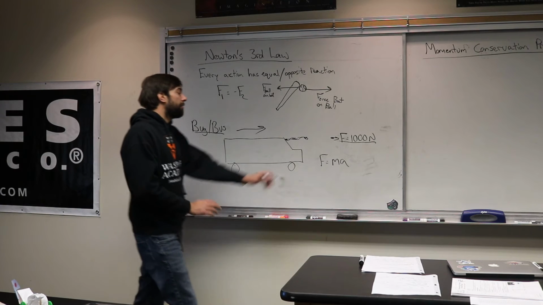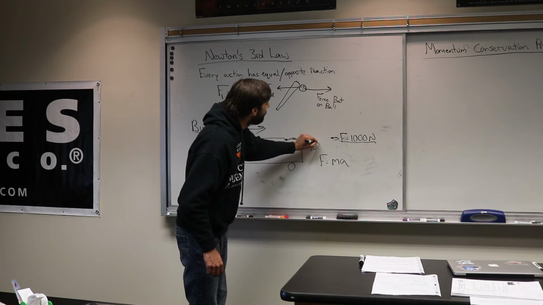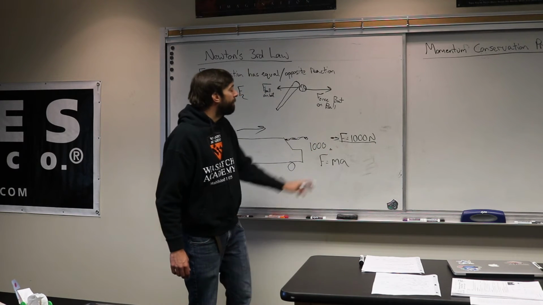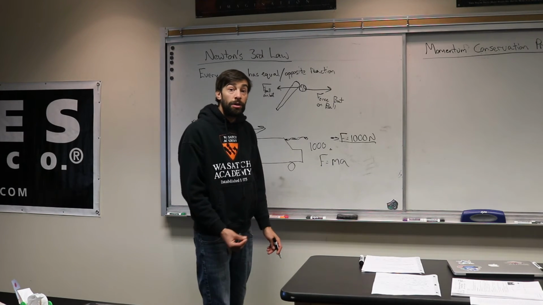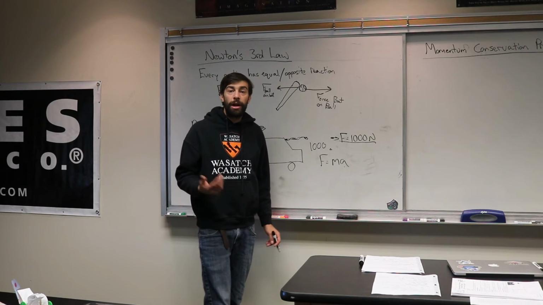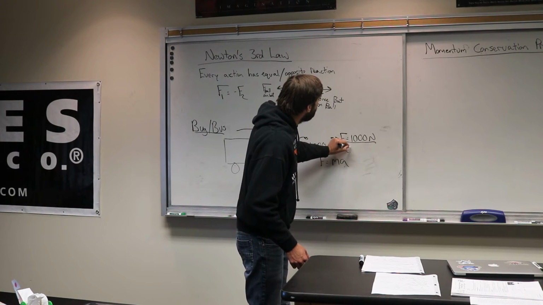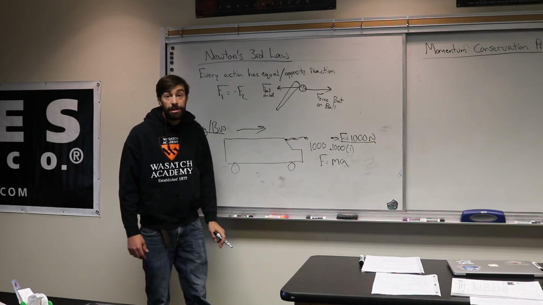Well, let's look at Newton's second law. If my force has to be 1,000, let's say the mass of the bus is 1,000. What will my acceleration be of the bus? It will be 1, right? If my mass is 1,000, my acceleration has to be 1 to equal the force of 1,000.